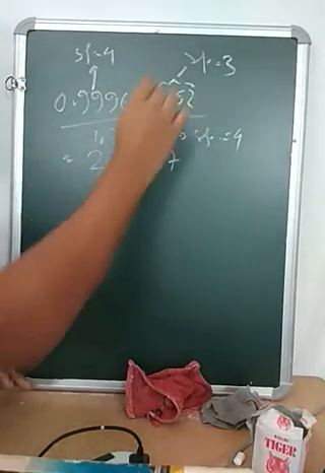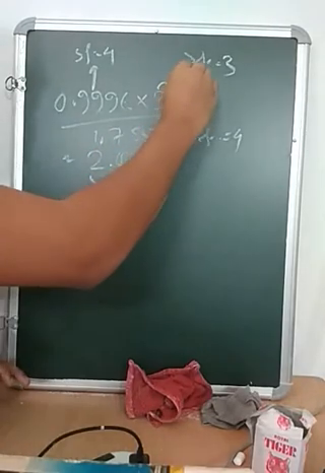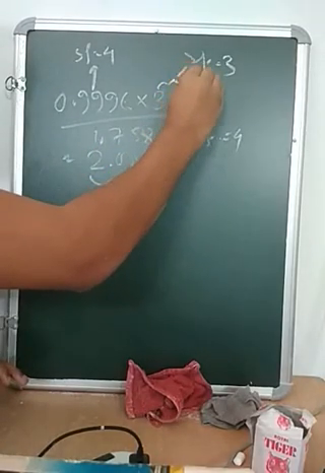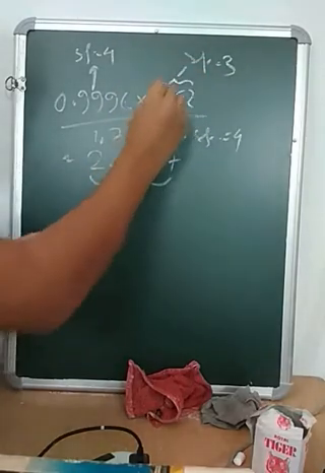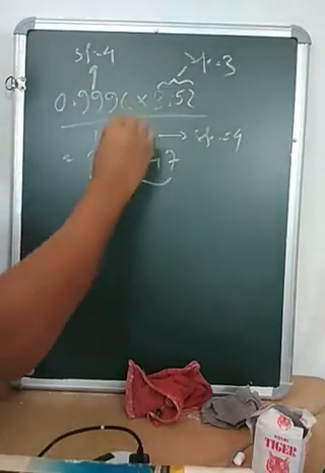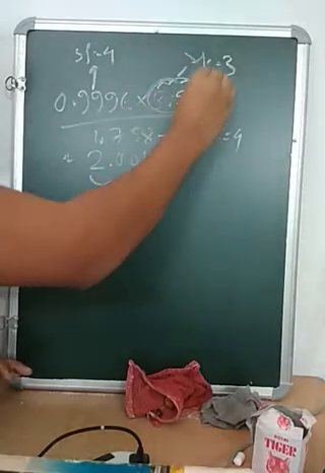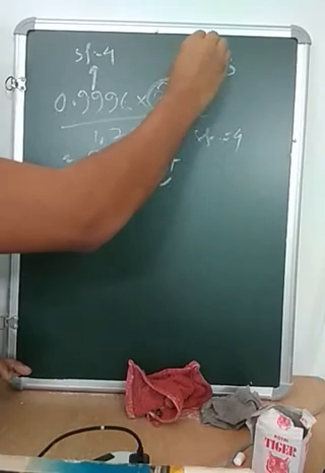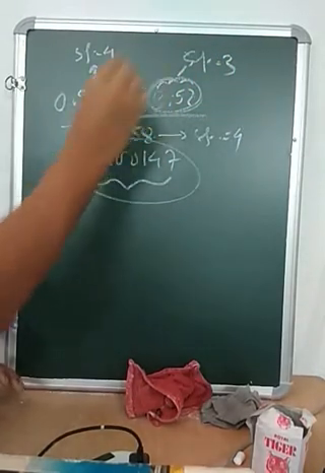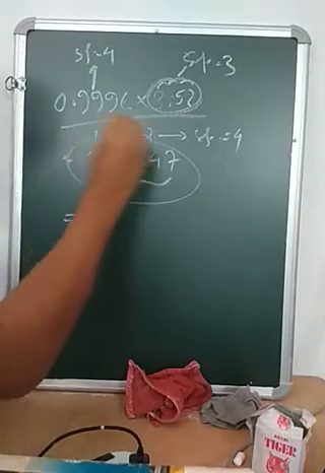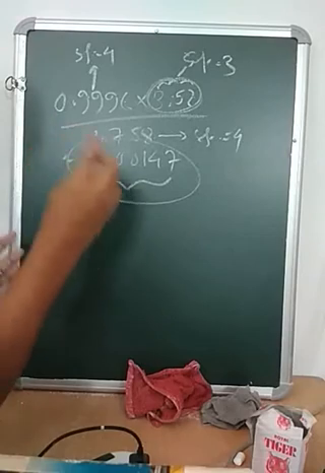In case of division, the result will have as many significant figures as the given number with the least significant figures. Of these three, the least significant figure is this one. This number has the least significant figures, which is 3. So this answer must contain 3 significant figures, so we have to make this number up to 3 significant figures.